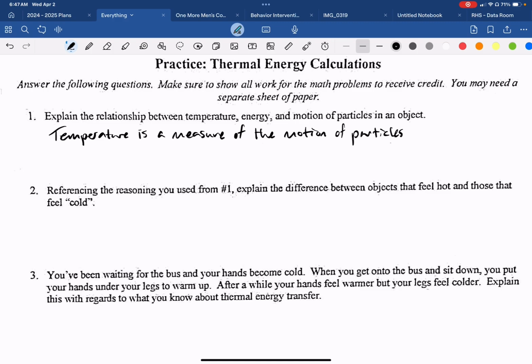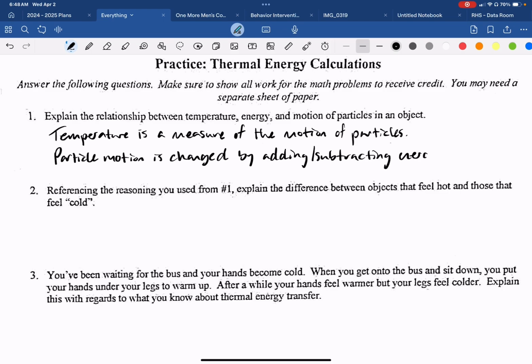Well, particle motion is increased or decreased by applying or taking away energy. All right, so your energy is going to affect your particle motion, and your particle motion is going to affect your temperature.